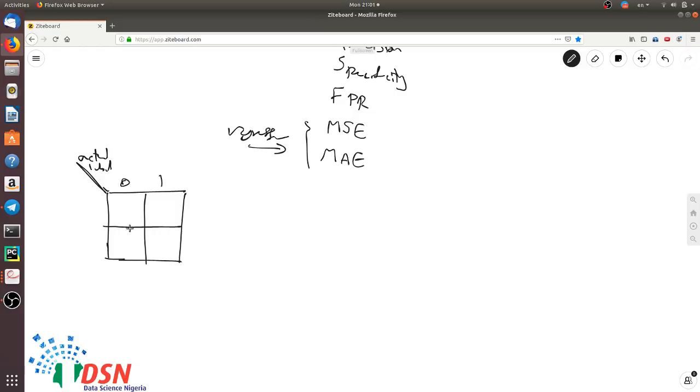These mean the actual label of this data is 0, and here we have 1. And the rows are related to predicted labels by the classifier. So here we have 0, 1. If we have 0 in this row, it means that our classifier predicted 0 as the label of the data.